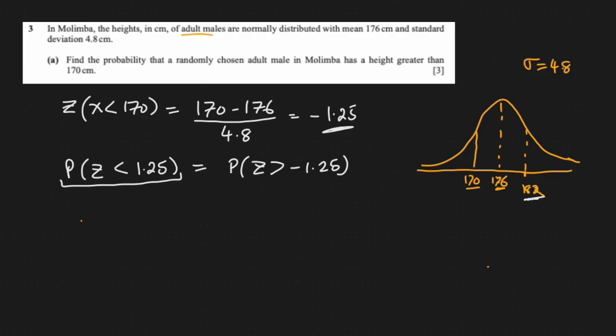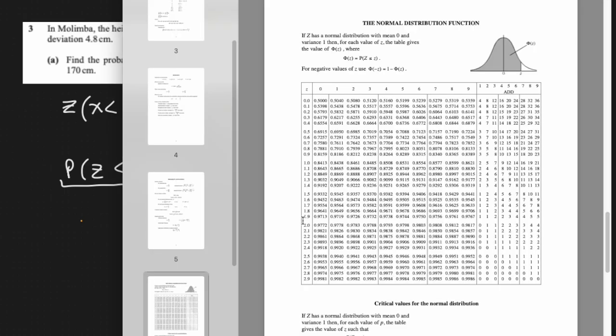So let me go to the table again. 1.25 is what I need to know. Z-score 1.2 is here and 5 is here. 0.8944 is the one, because we don't have any other digits, so we don't need to add anything else.